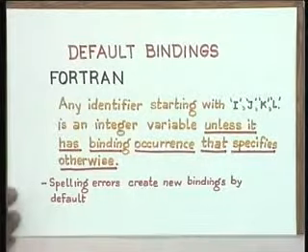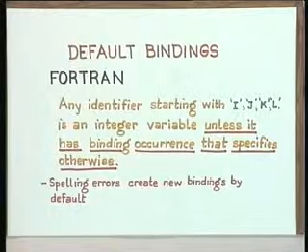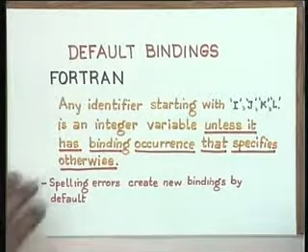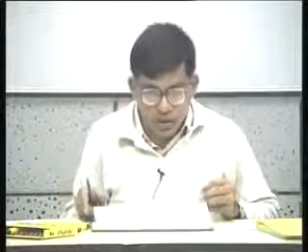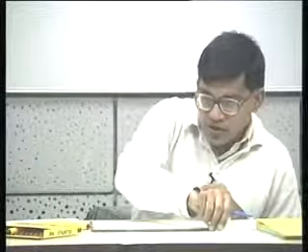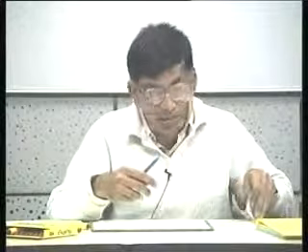So what it means is that small typographical errors, spelling errors, which we are making all the time in our programs, would get bound by default to something other than what we intended them to be. Yeah. So that's one of the reasons why later languages like Algol 60 and so on insisted that there should be binding occurrences for every new identifier.